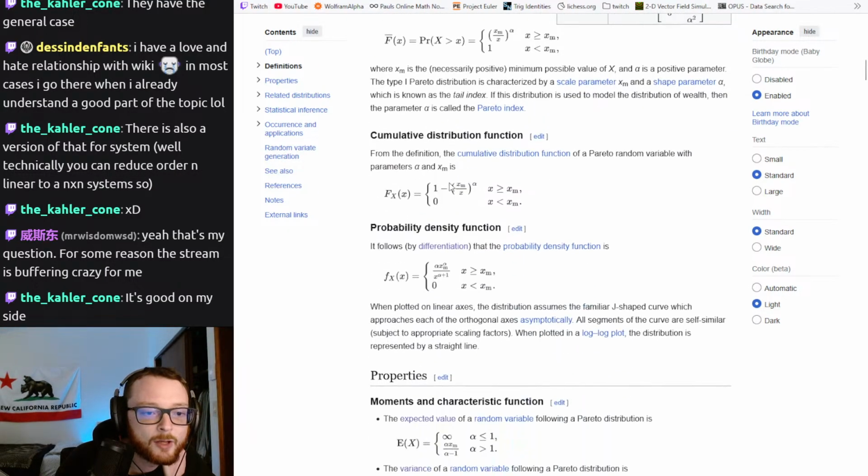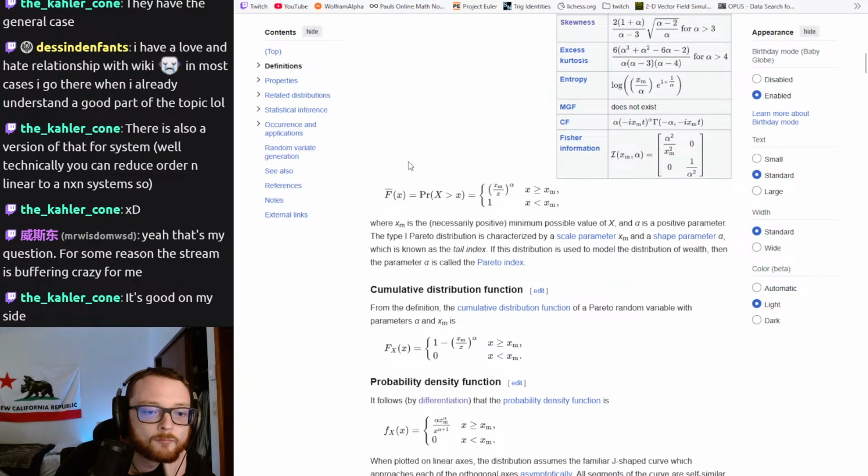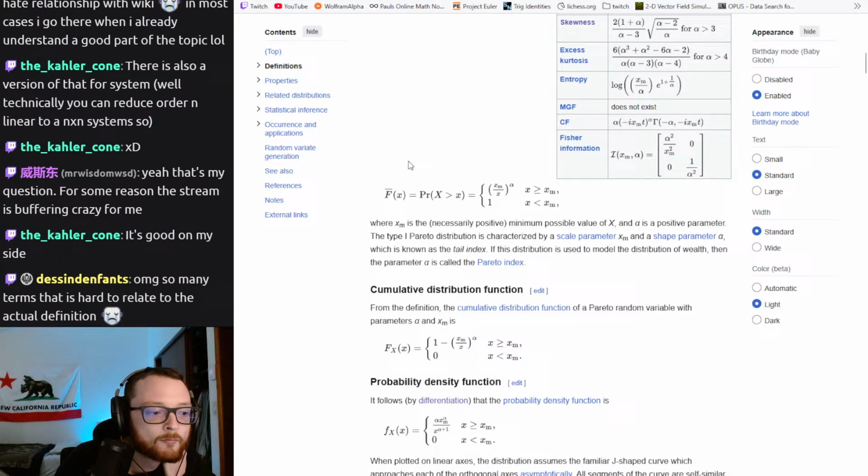It might be the same as theta, or might have a relationship to theta. x sub m is the necessarily positive minimum possible value of x. Oh, okay, so x sub m is different.